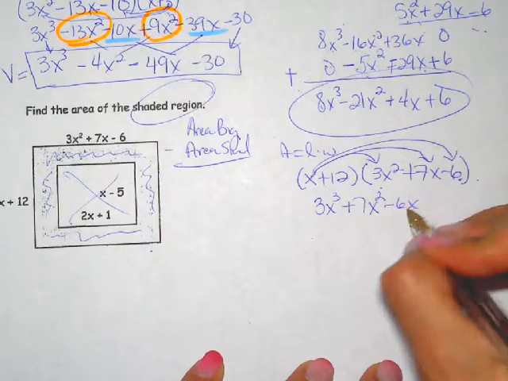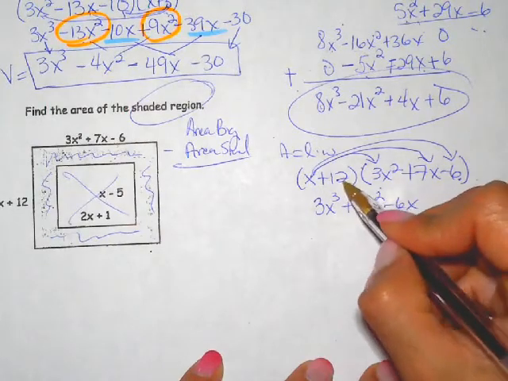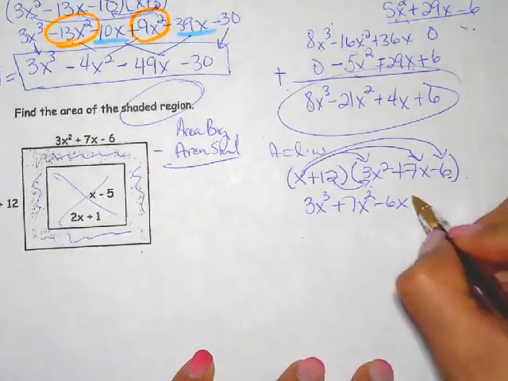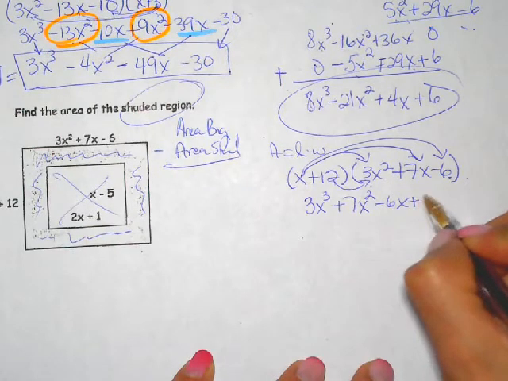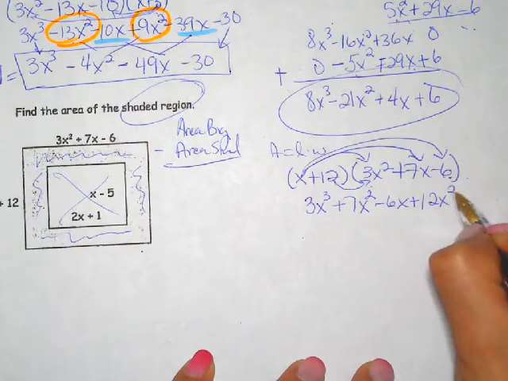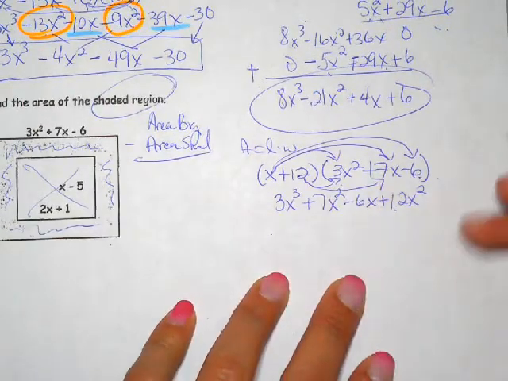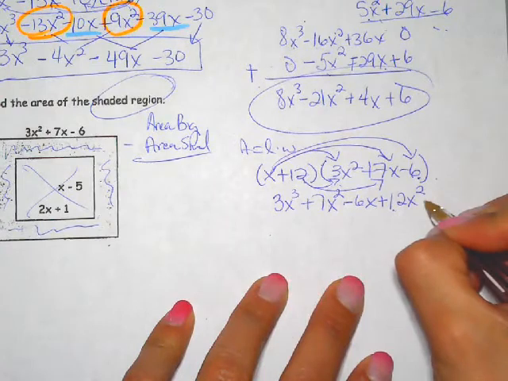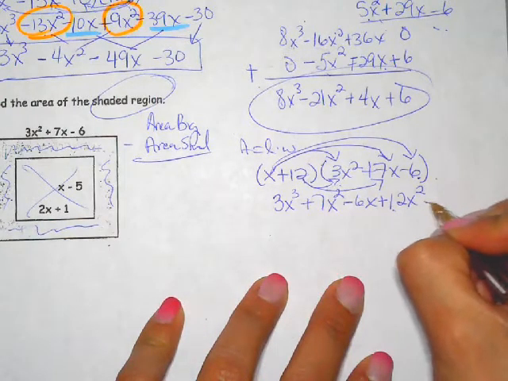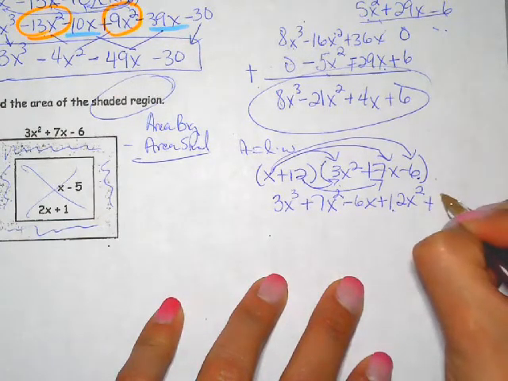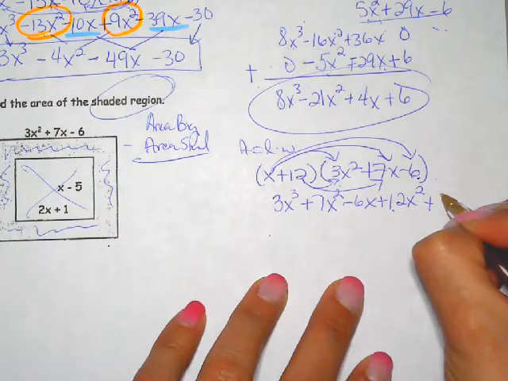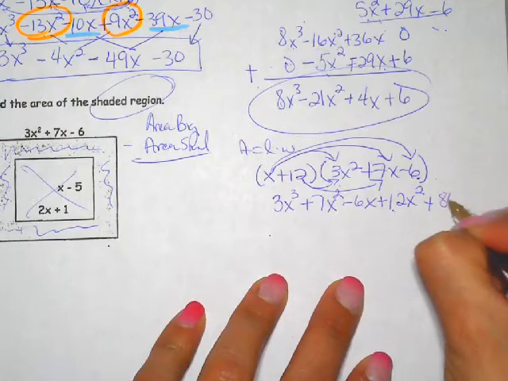-6. Kaya, next one, 12 times 3x squared. Okay, very good, positive, so put this. 12 times 7x. 84x.